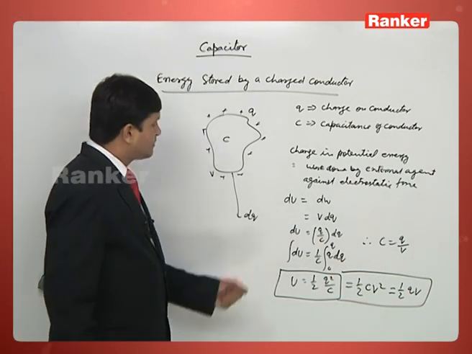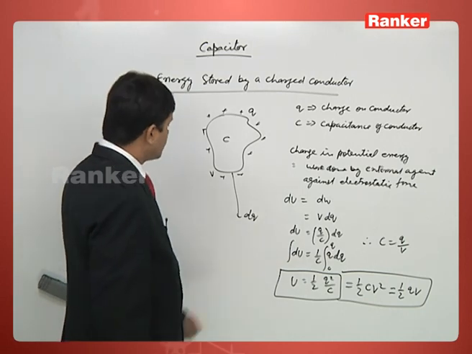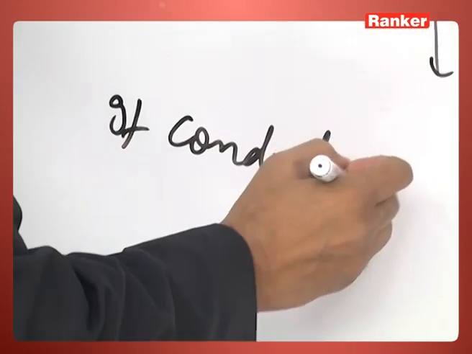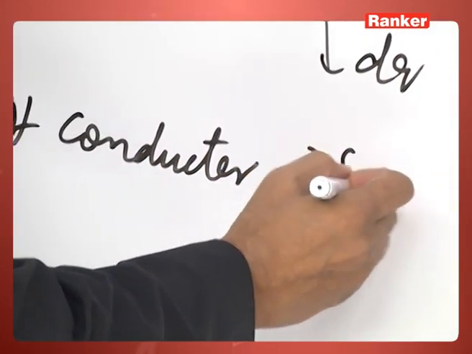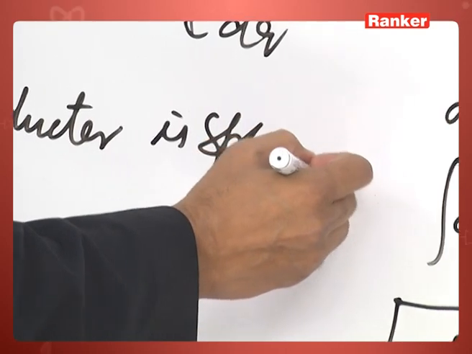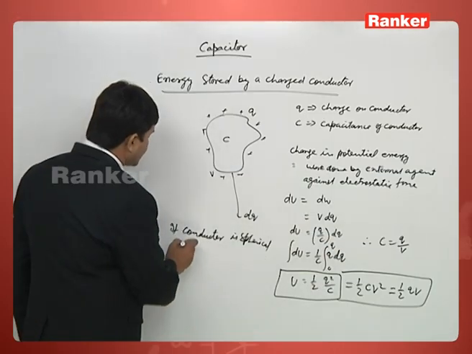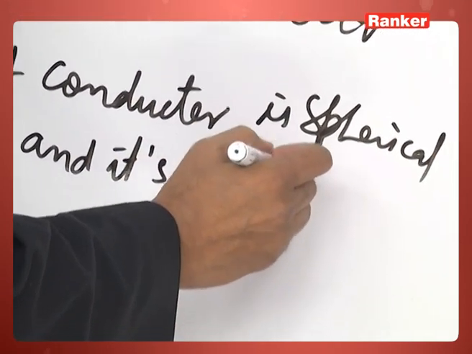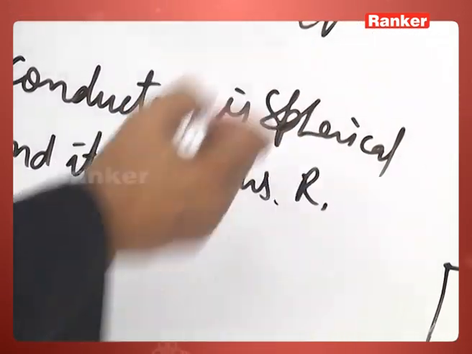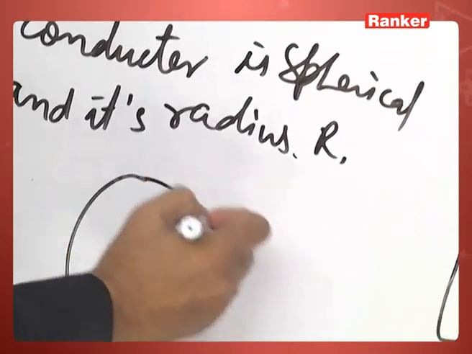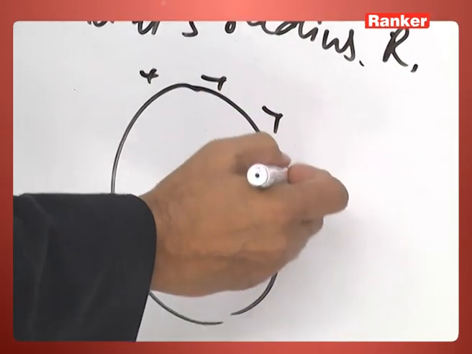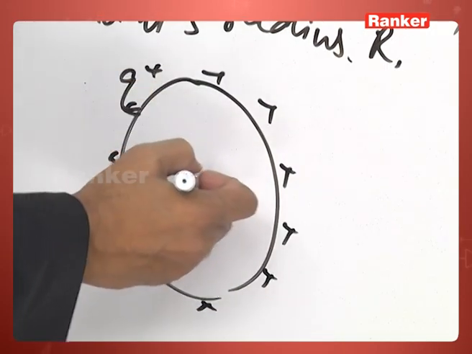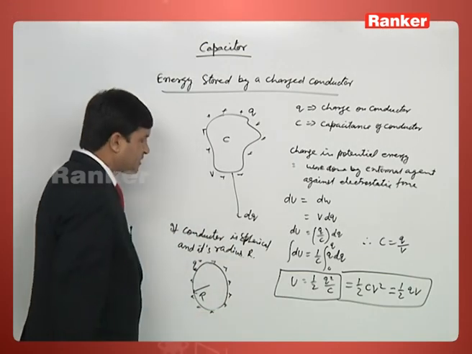Now, the same formula or same relation we can use if the conductor is spherical and its radius is r. This is your spherical conductor, radius r, and let it have charge q. Then we are talking about how much energy is stored.